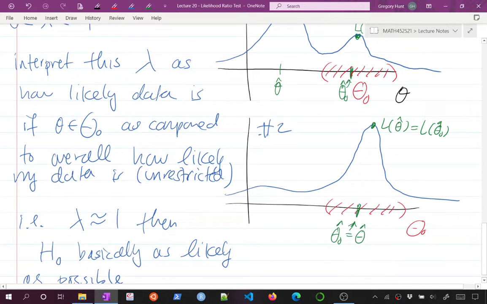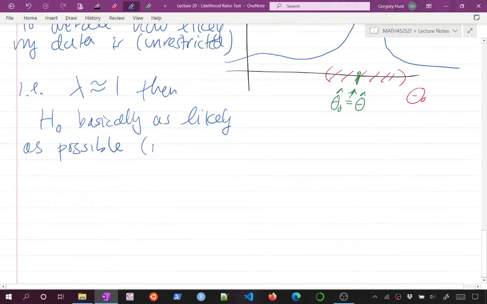In number 2, our LRT, our lambda, would be exactly 1. This would say the likelihood my data occurred with a theta in my null hypothesis is as likely as it can be. So that would say, i.e., don't reject H0. H0 is actually consistent.